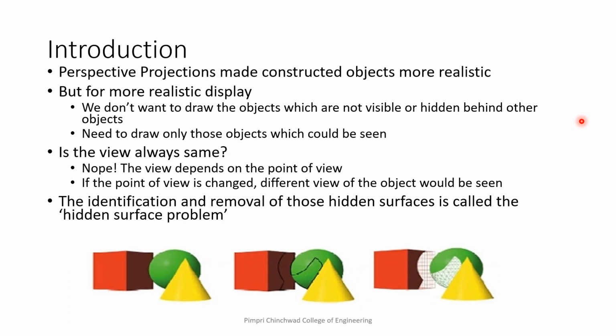So for a more realistic display, we need to draw only those objects or parts of objects which can be seen. We don't want to draw the objects which are not visible or which are hidden. Now the problem is what is visible and what is hidden.